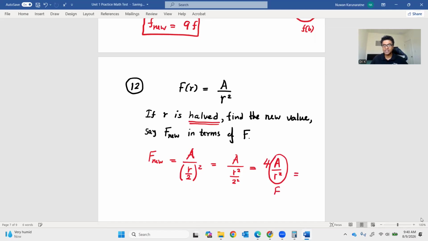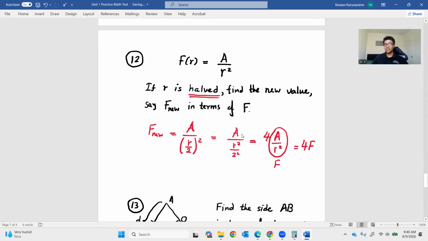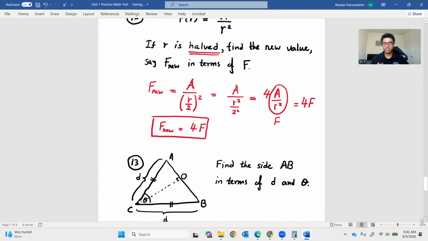So then the answer is 4 times f, 4 times the original value. If we halve that r value, f new is going to be 4 times the original f value. That's how you do it. Understanding this process is very important.